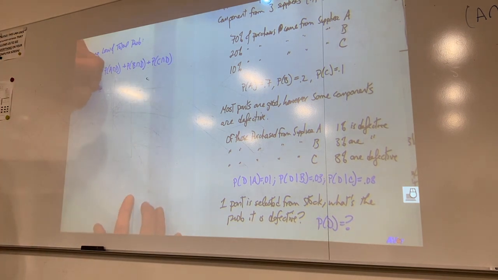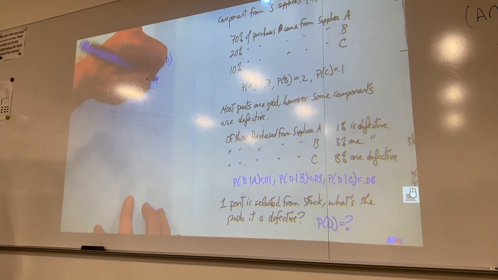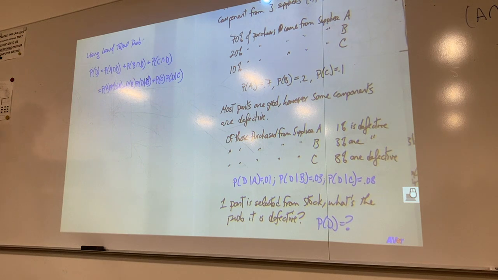Specifically, it's the probability of purchasing from supplier A times the probability it's defective if you purchase from supplier A, plus the probability of purchasing from B times the probability it's defective if you purchased from B. Last but not least, the probability of getting it from supplier C times the probability of being defective if you got it from supplier C. And that's the law of total probability written out right there.